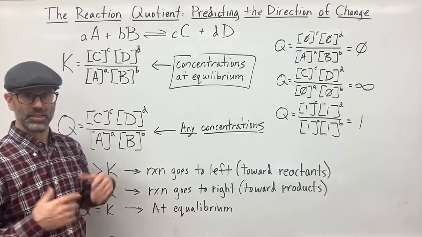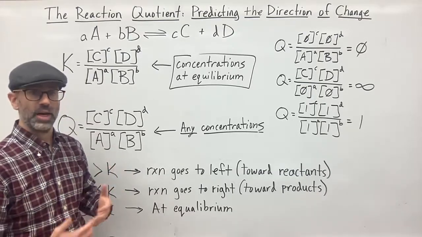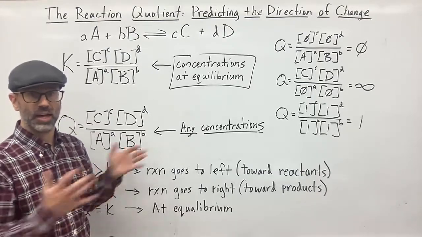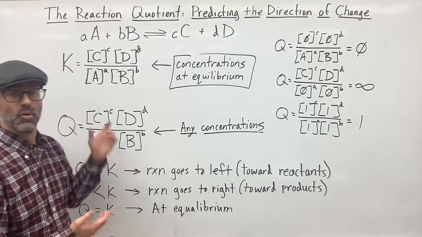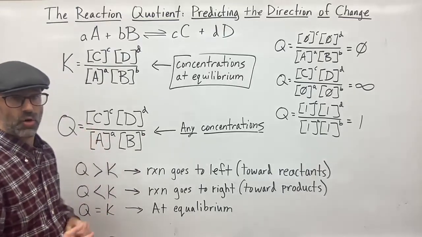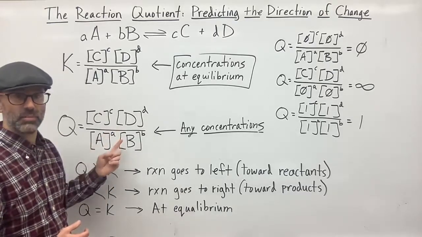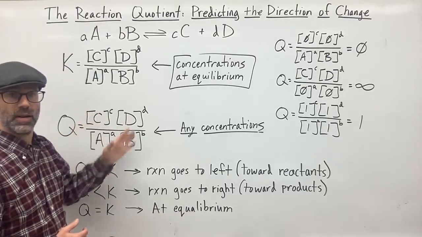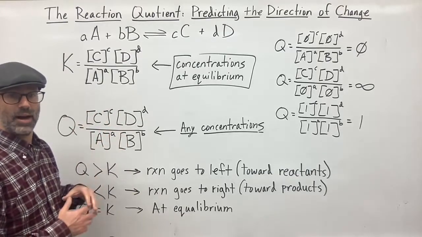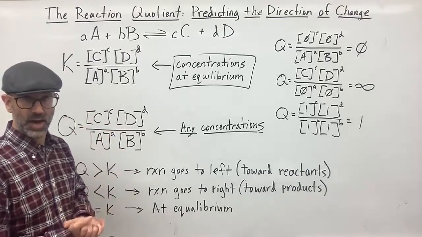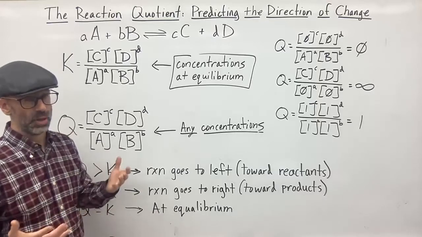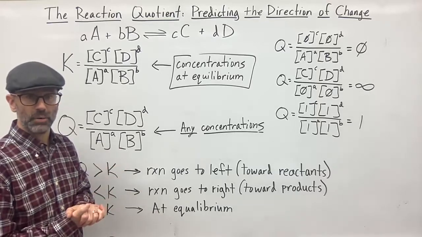Or what if you have concentrations that aren't at equilibrium and you want to know which side of the equilibrium you're on? Well, that's where you're going to use your reaction quotient. Exact same expression, you're just putting in concentrations that are probably not going to be at equilibrium. They could be, but probably not.